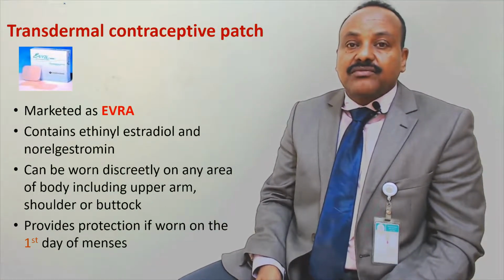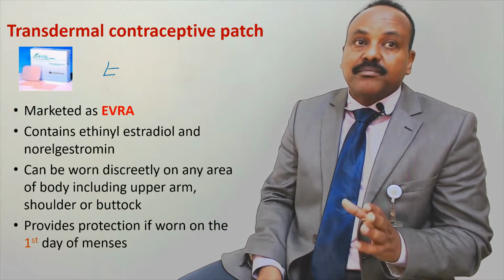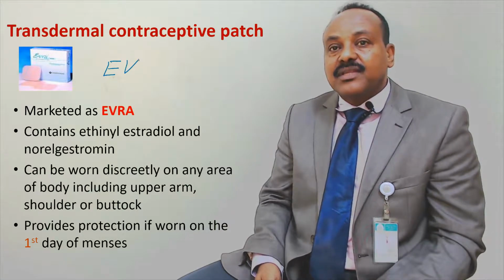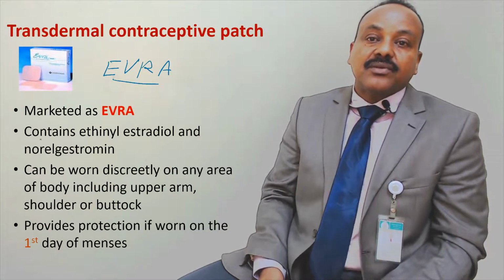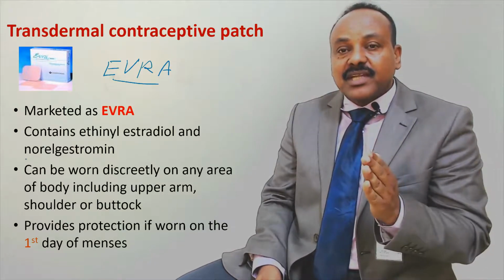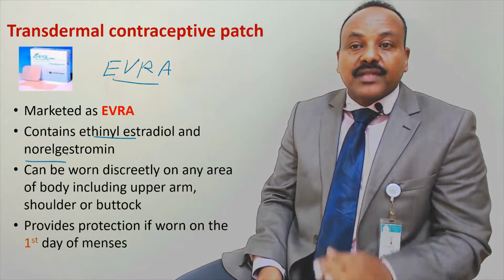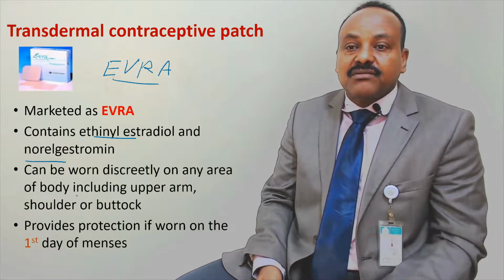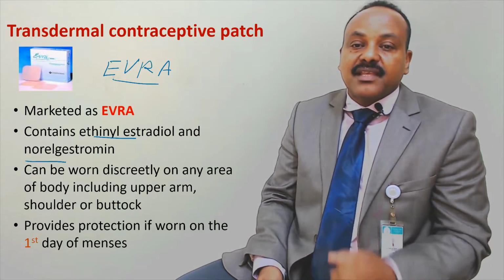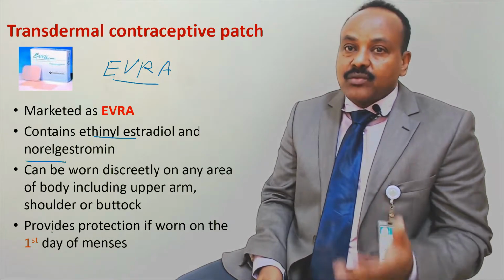Another method of contraception is EVRA. These are transdermal contraceptive patches, or we call them patches. As you saw in the picture, this contains ethinyl estradiol and norelgestromin. The transdermal contraceptive patch is composed of 2 hormones and can be worn discreetly on any area of the body, providing protection if worn on the first day of menses. The woman can wash.